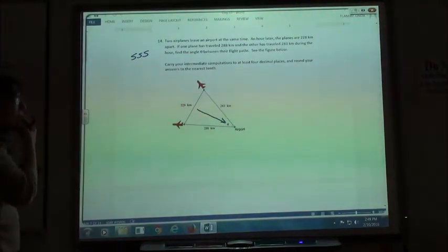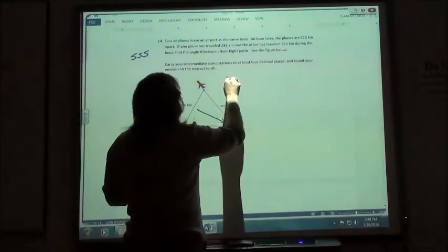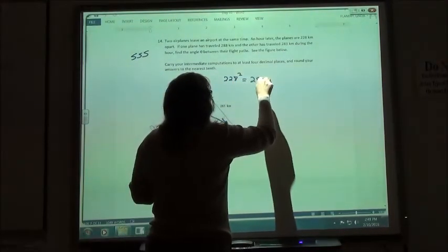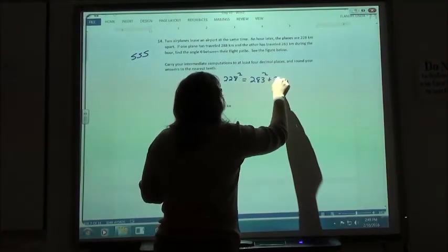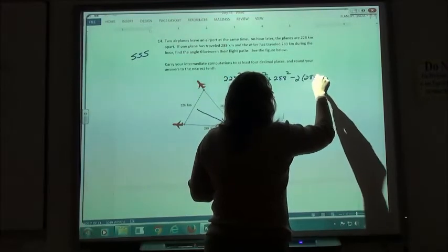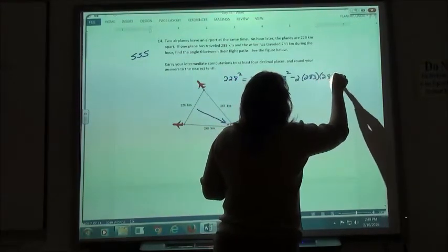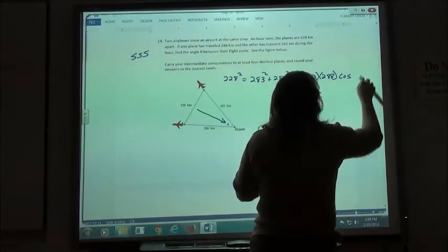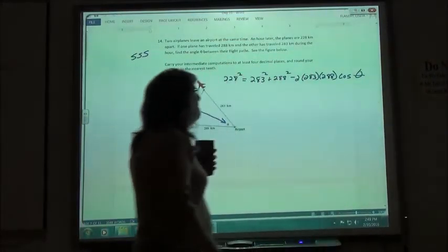So when I'm doing my law of cosines, 228 squared is going to equal 283 squared plus 288 squared minus 2 times 283 times 288 times the cosine of the angle opposite of that, which is theta.